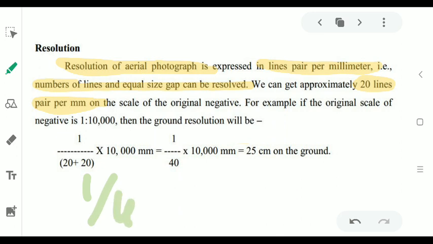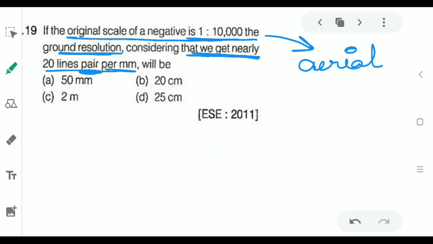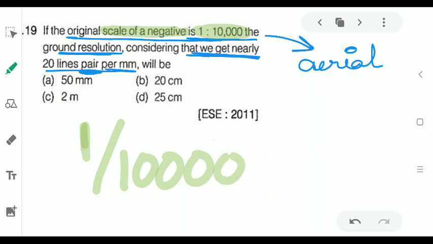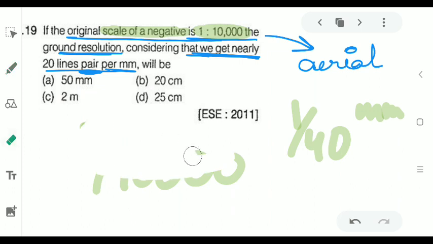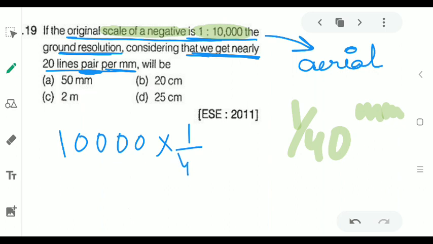So your scale will be corresponding to 1/40. Now in the question the scale of the negative is given as 1:10,000. So that means on photo that will be value of 1 unit. So on ground that will be of 10,000 unit. Now photo corresponds to 1/40 mm. So on ground the value will be corresponding to 10,000 into 1/40.